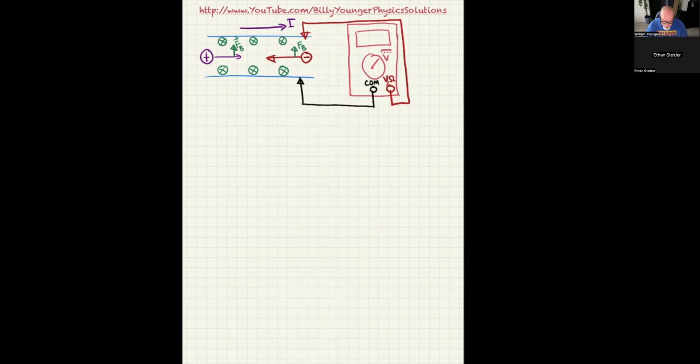So if there are positive particles, let me write it this way.